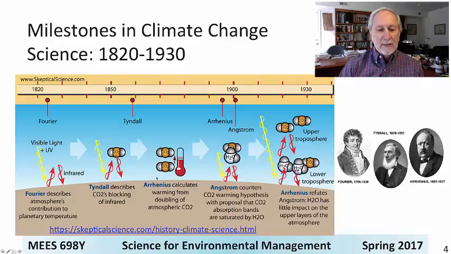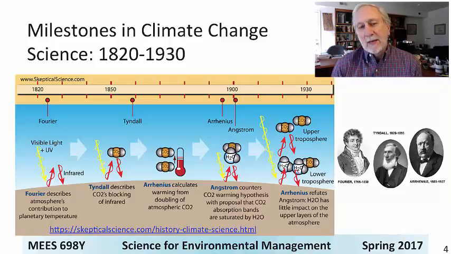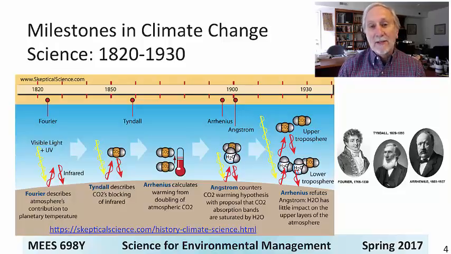Later in the century, Arrhenius calculated that this warming effect would increase as the CO2 increased, and by then we knew we were adding CO2 into the atmosphere from burning fossil fuels. So he estimated the warming of the planet if we double the concentration of CO2 in the atmosphere.